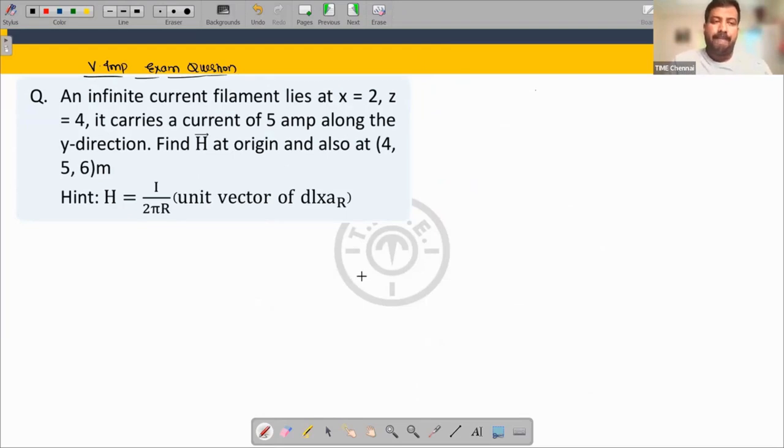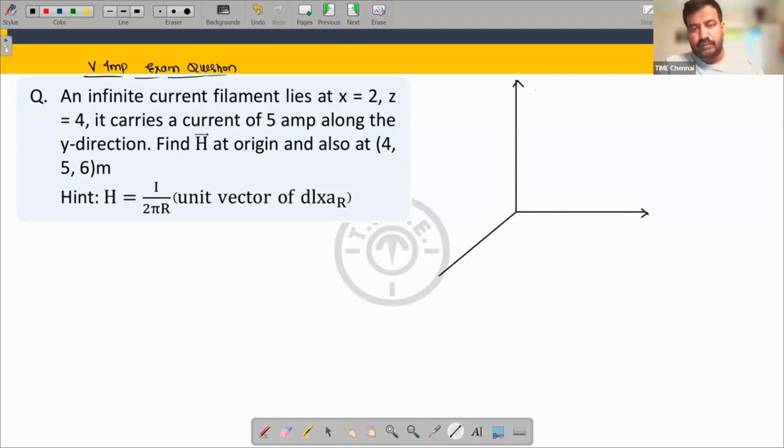Given an infinite current filament lies at x is equal to 2 and z is equal to 4.